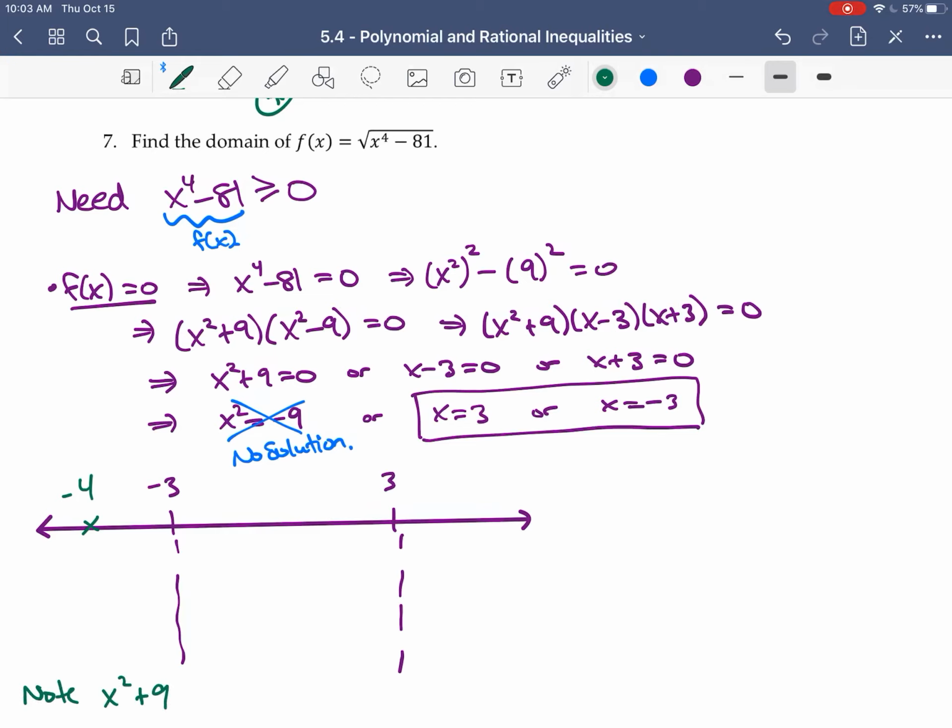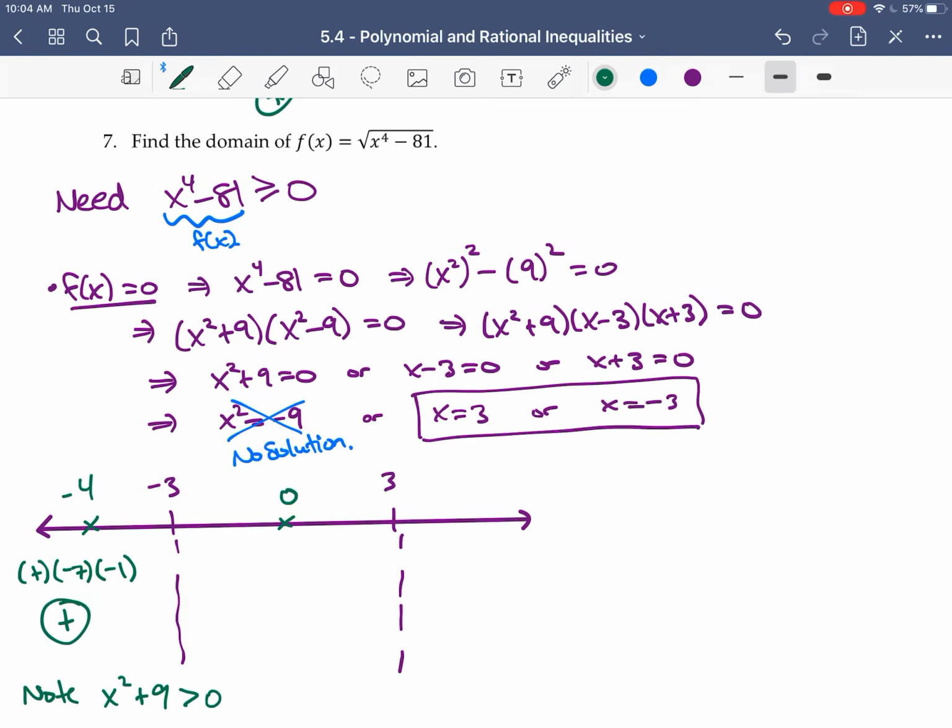X squared plus 9 is always bigger than 0. Because x squared is bigger than or equal to 0, and then I add 9 to it. So that thing's always going to be positive, so I'm just going to write it as a positive. Okay, now x minus 3, that's going to be negative 7. X plus 3 is going to be negative 1. So I have a positive times 2 negatives. This interval is going to be positive.